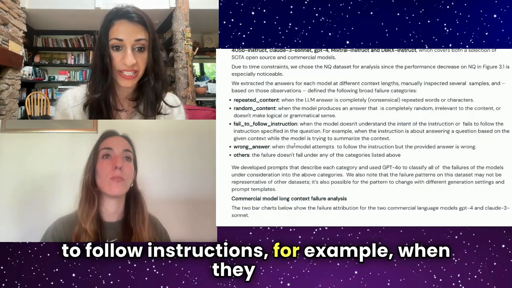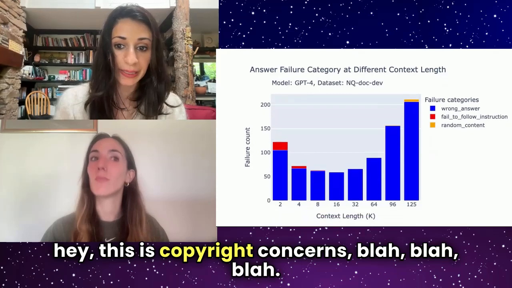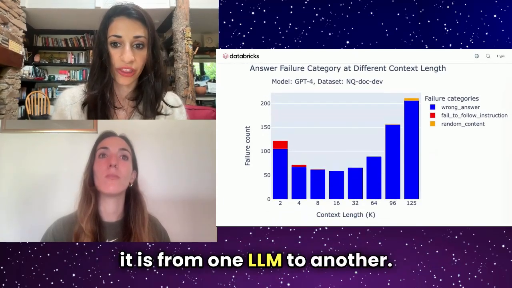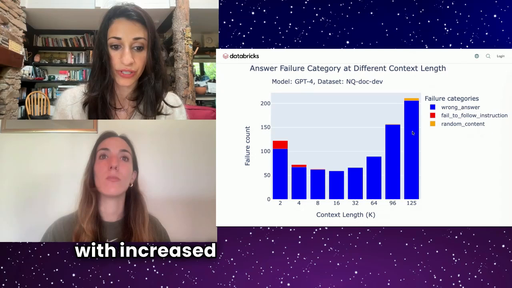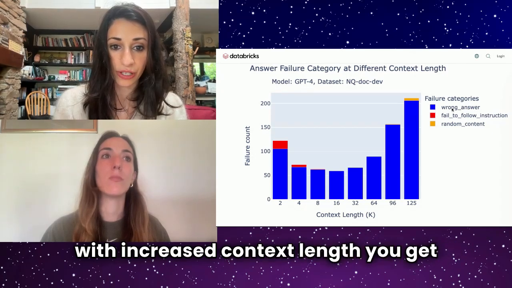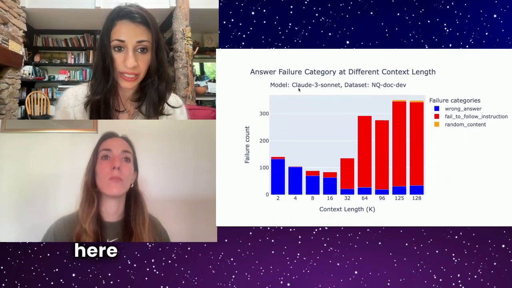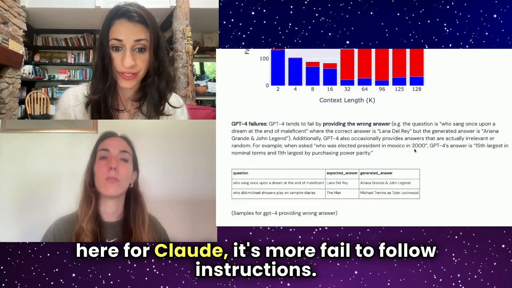So for example, where they say, hey, this is copyright concerns, blah, blah, blah. And here you can see how different it is from one LLM to another. So here we look at GPT-4. You can see with increased context length, you get more wrong answers. Whereas here for Claude, it's more fail to follow instructions.